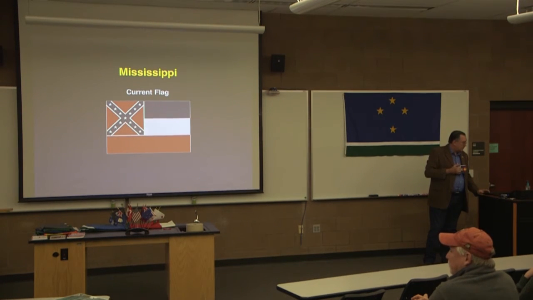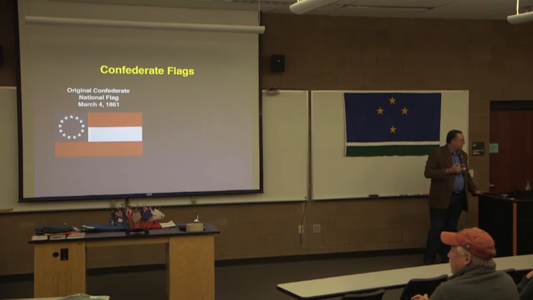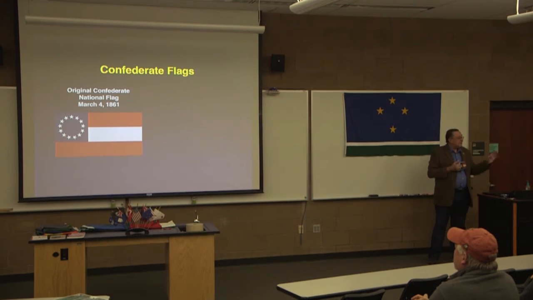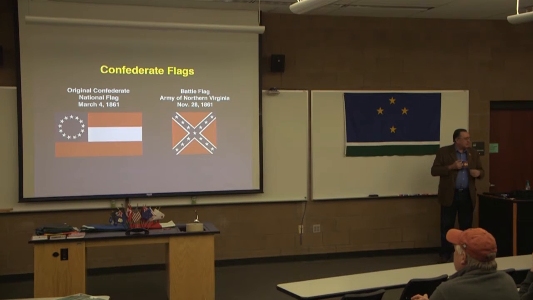So, what's the story? This was the original Confederate national flag, March 4th, 1861. And this is the battle flag of the Army of Northern Virginia, November 28th, 1861.